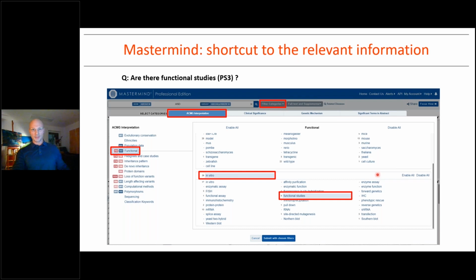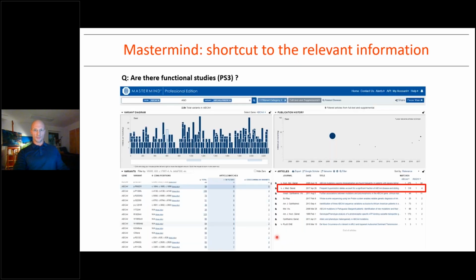And how I did it: this is the variant, I check the variant, then you navigate to filter categories, navigate to this ACMG interpretation window, and I clicked on functional data and functional studies here. Then I submit the data, and after a few changes, here in this publication history I have a large circle, which is this first paper.